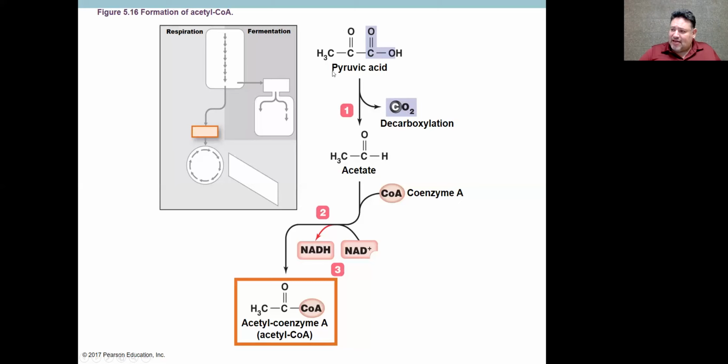What's left of it is this moiety, which is called the acetate group. That still has energy in it. But in order to continue to harvest that energy, we have to attach it to an arm of the coenzyme A. When that happens, we harvest high energy electrons in the form of NADH. And now we have this acetyl coenzyme A, which can now enter the Krebs cycle.